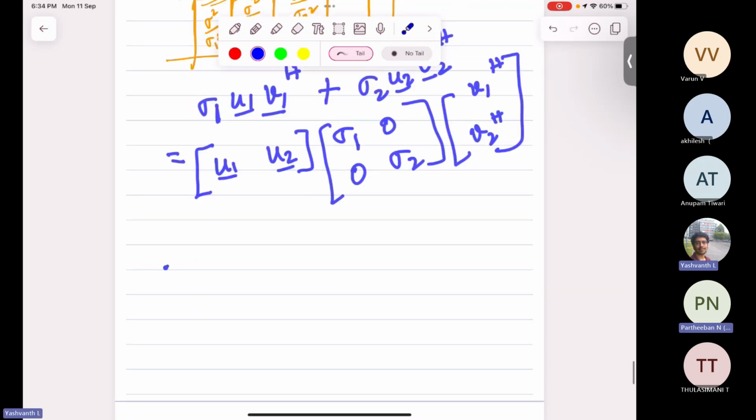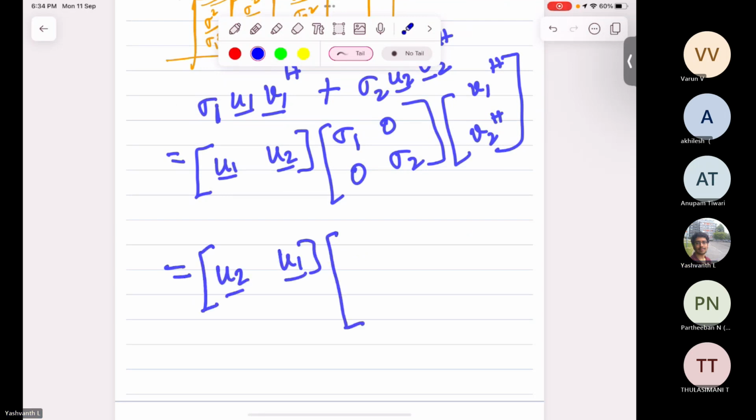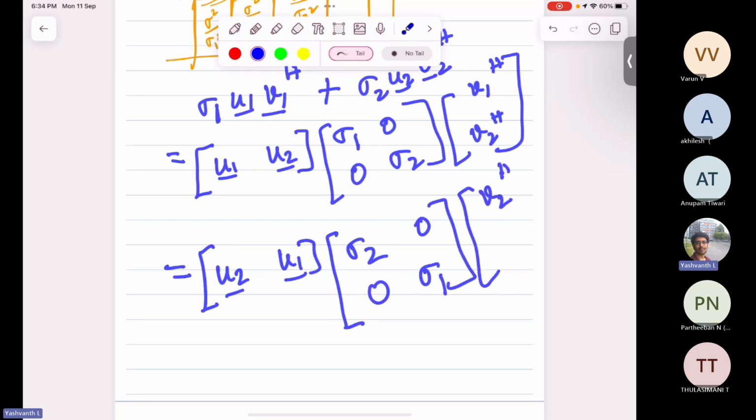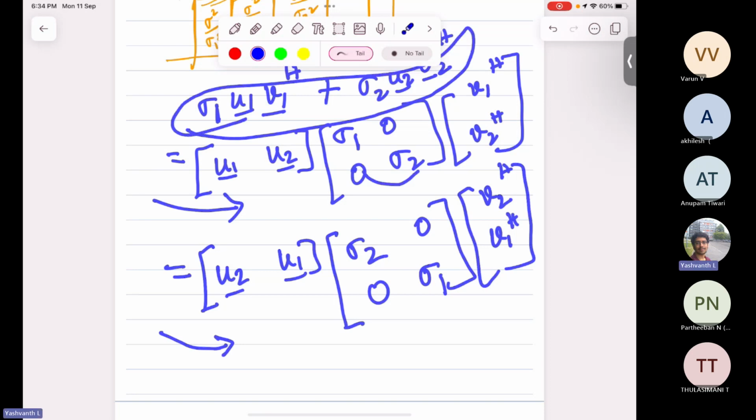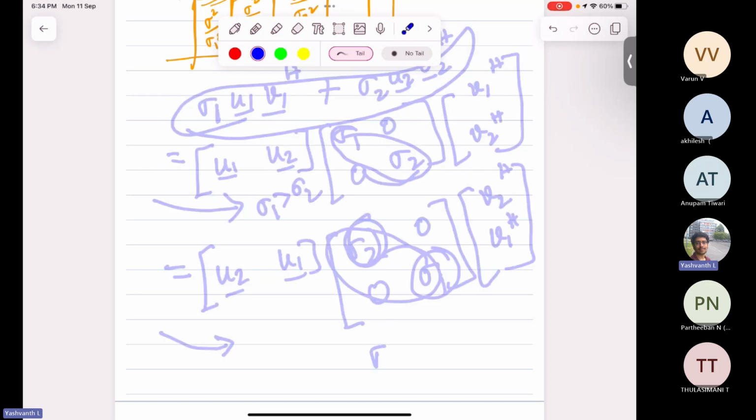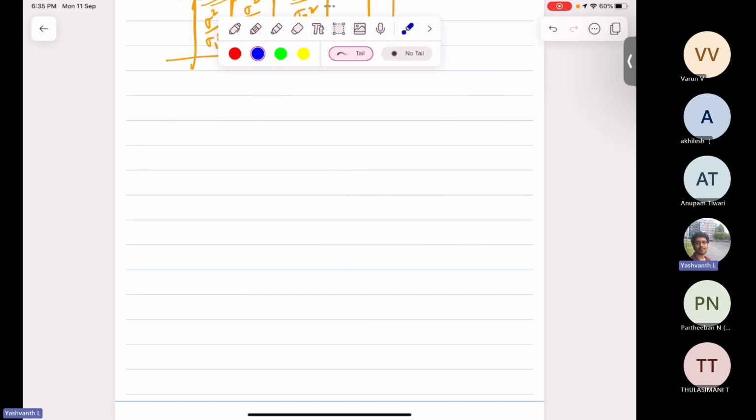You can also write the same thing as U2 U1, times diagonal sigma 2, sigma 1, times V2 Hermitian, V1 Hermitian. If you do the multiplication of these three products, you'll get the same answer. But in this one, the first entry is less than the second entry, even though sigma 1 is greater than sigma 2. You get it, right? You can always reshuffle your singular values and accordingly shuffle the columns of your U and V matrices, and still get the same matrix. The final product matrix is H.